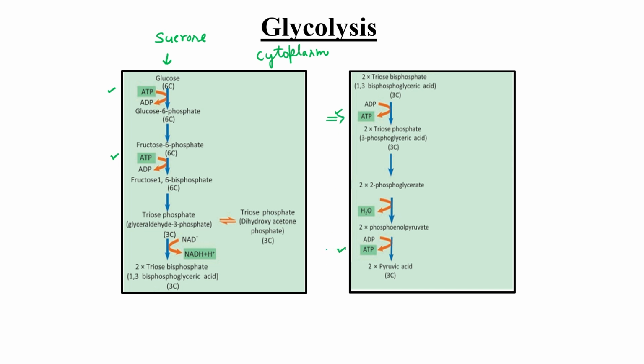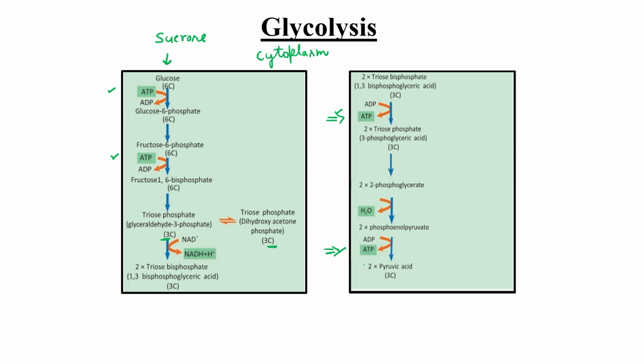This one and this one. 4 molecules, because this one molecule of 6-carbon glucose is further converted into 2 molecules of 3-carbon compounds, that is glyceraldehyde 3-phosphate and DHAP, dihydroxyacetone phosphate.